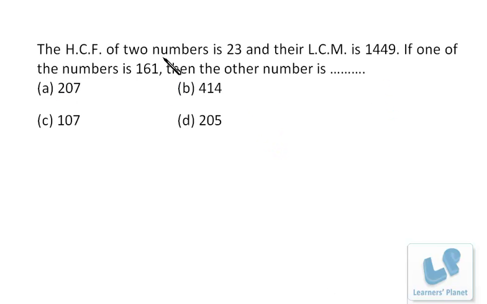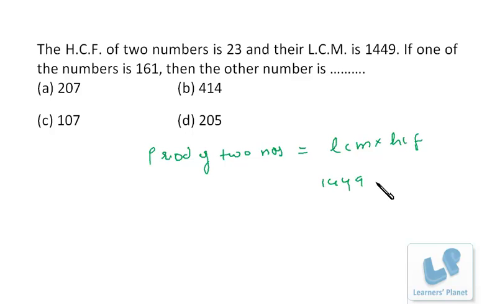Now in this question, HCF of two numbers is this and their LCM is this. One of the numbers is this and the other number we have to find out. The product of two numbers is equal to their HCF into LCM, right? Now LCM is given as 1449, HCF is given as 23.